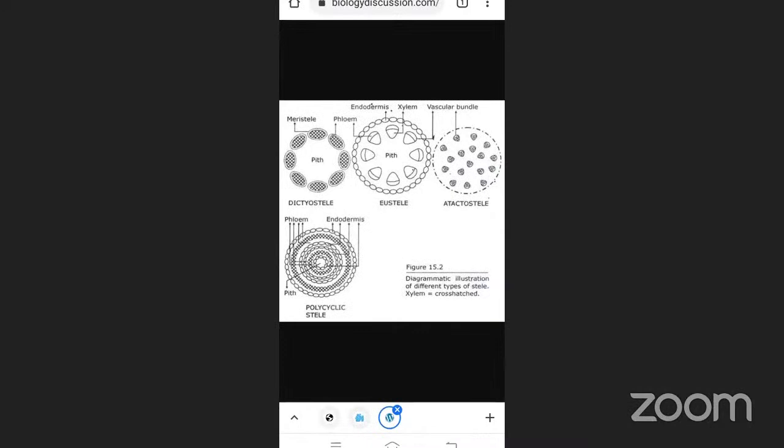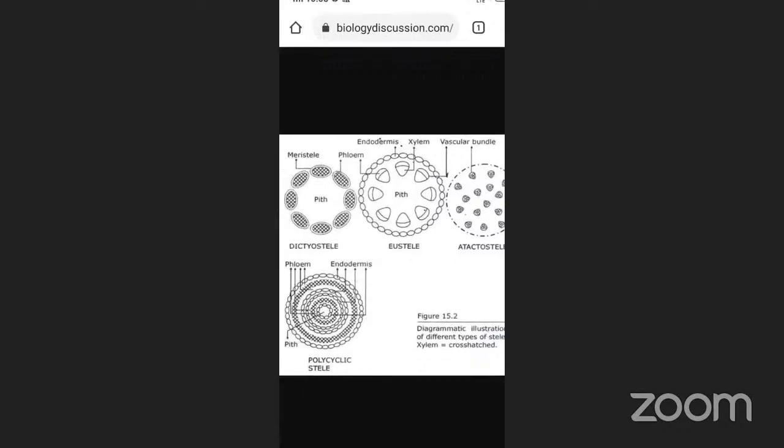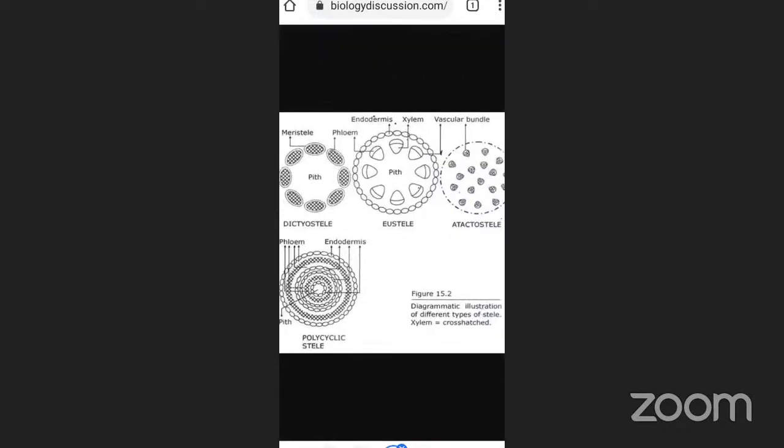The next one is the dictyostele. In many of these Pteridophyta, the vertical shoot axis is very short, and leaves arise in a crowded manner.